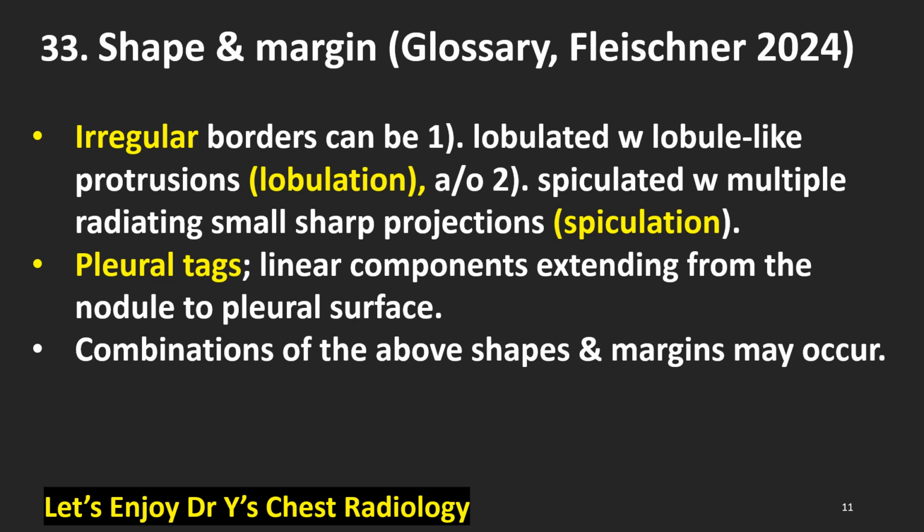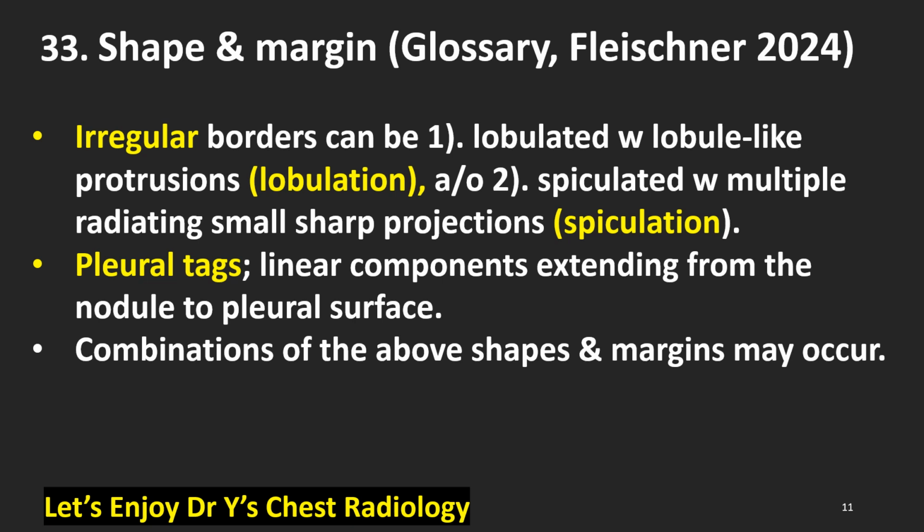Shape and margin. Irregular borders can be, this is important, irregular borders can be 1. Lobulated, with lobule-like protrusion, we call it lobulation, and/or 2. Spiculated, with multiple radiating small sharp projections, needles, we call it spiculation.